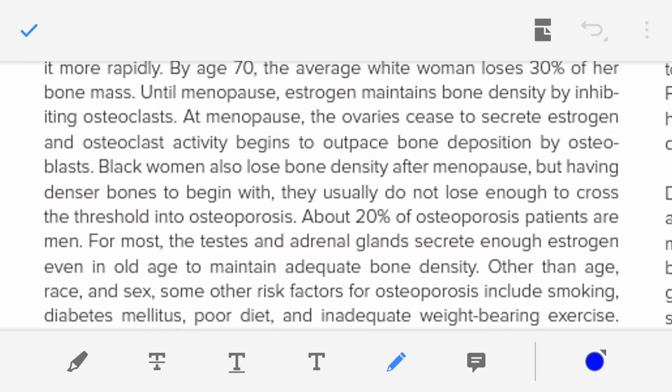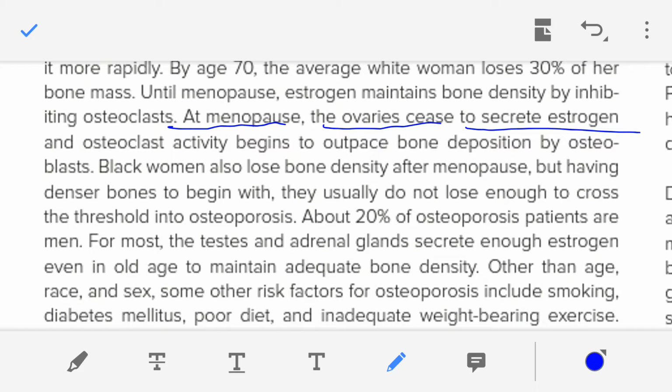Now at menopause, once the menstrual cycle stops in a woman, the ovaries cease. That means the ovaries decrease in size, stop ovulation, and also decrease the secretion of estrogen.